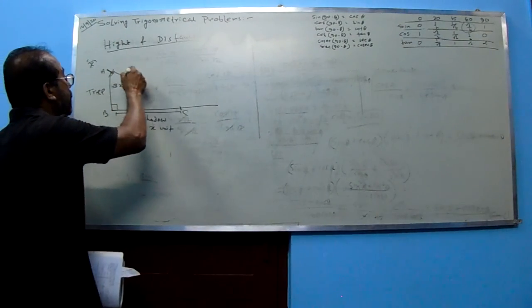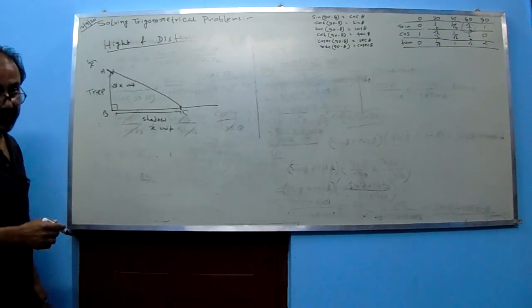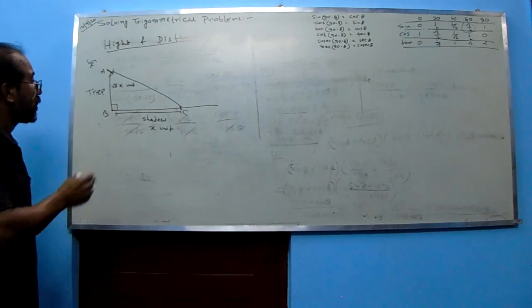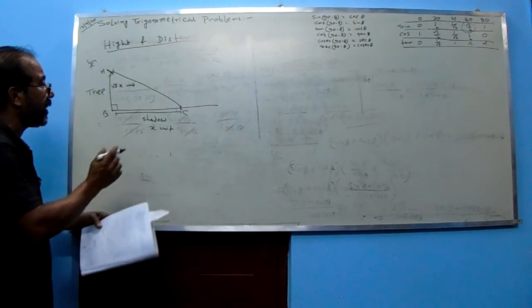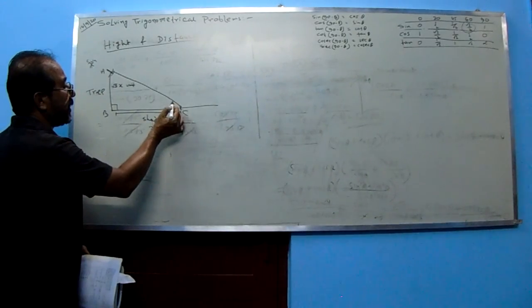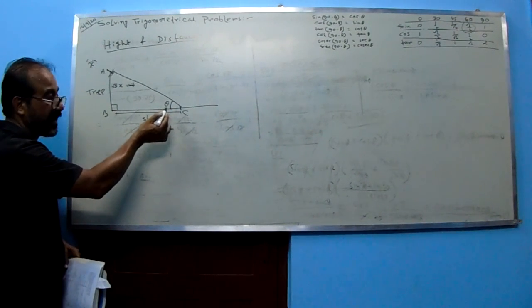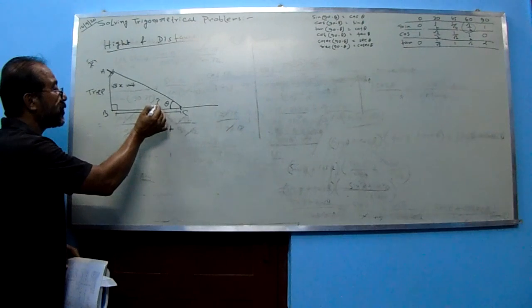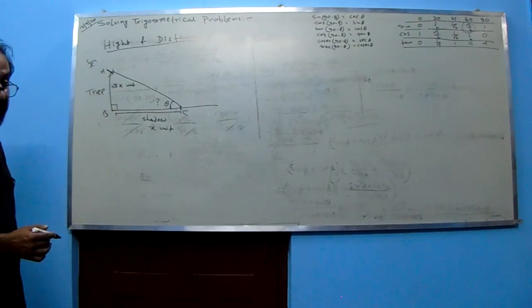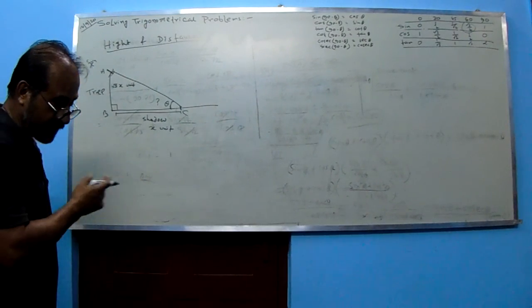Now if I complete the diagram, clearly it is a right angle triangle. Now they are asking to find the angle of elevation of the sun. So this angle theta is taken as the elevation angle, and this angle is to be found out. So I am putting the question mark. This is your target. Now how can it be solved?